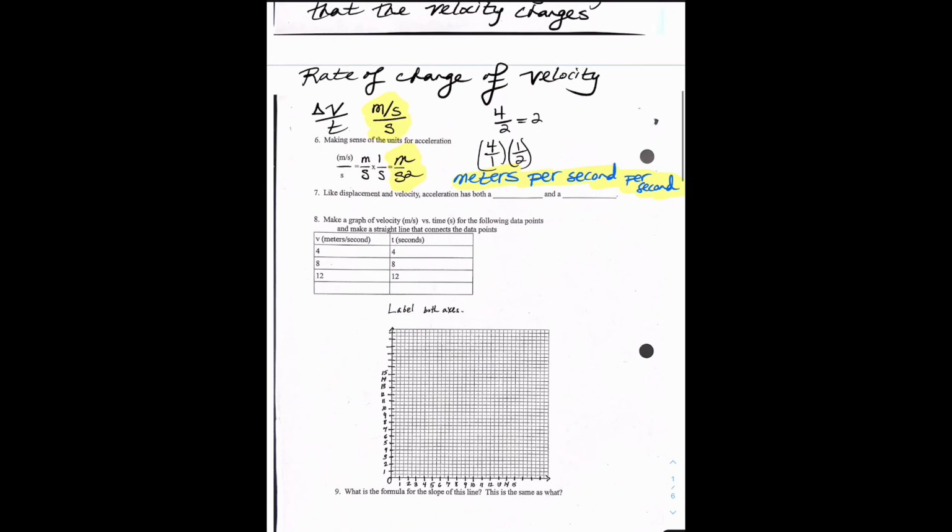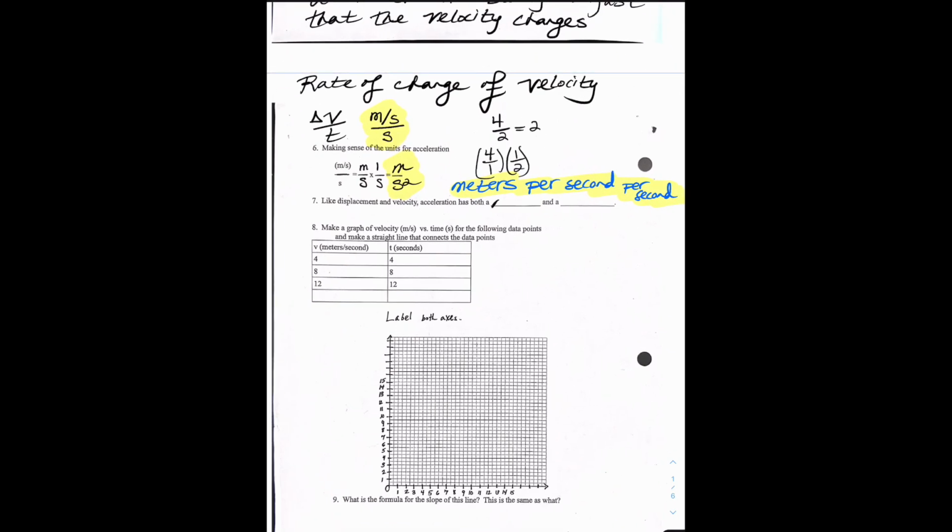Like displacement and velocity, acceleration has both a magnitude and a direction. And because that's true, that means acceleration is a vector.